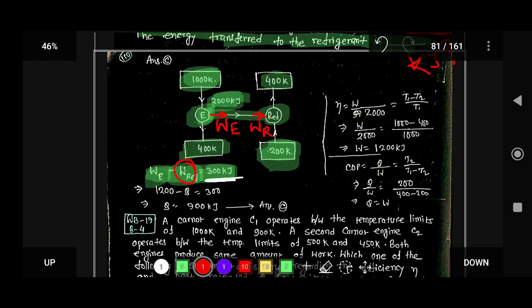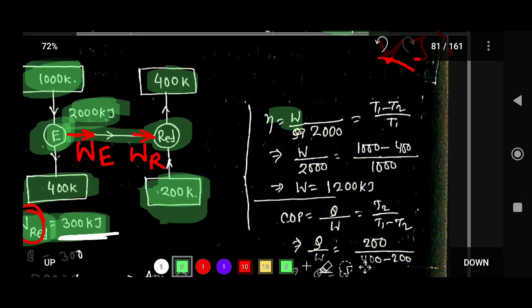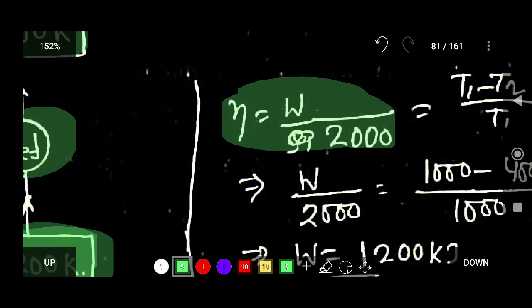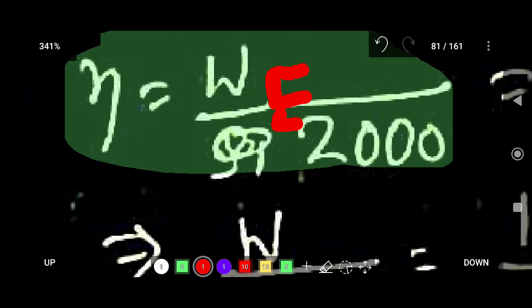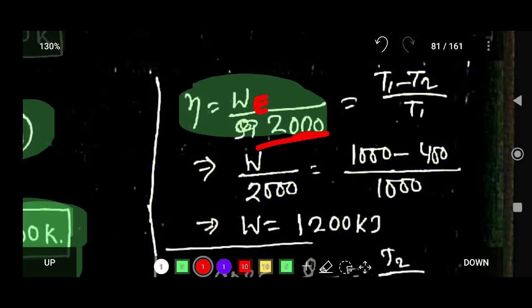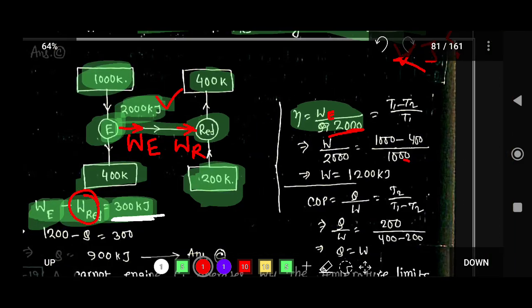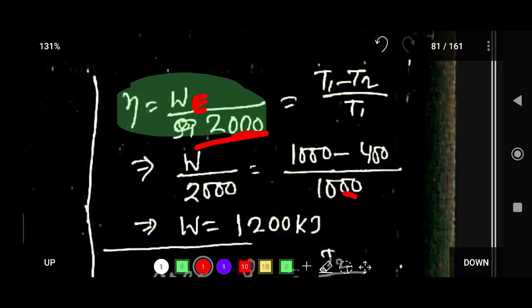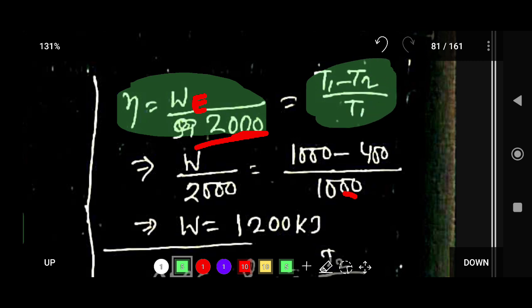So if you want to calculate the efficiency, you know the formula, that is output by input. For the engine this is WE by 2000, that is WE by Q1. Now you know the formula, that is equal to T1 minus T2 by T1.